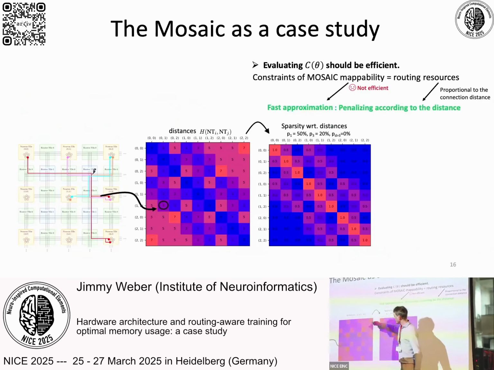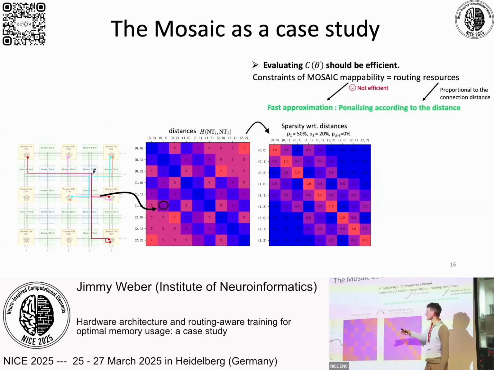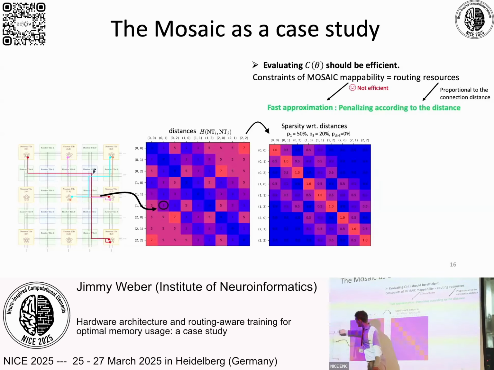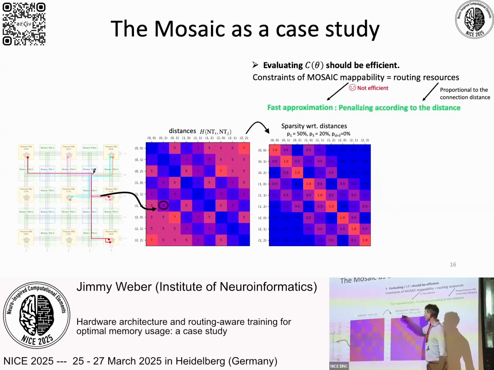For each of those distances, we assigned a specific sparsity. For example, all the cores that are only one distance away, needing only one resource to be connected, we impose a sparsity of 50%. All the cores that are 3 resources away, we impose a sparsity of 20%. All the other sparsities, we set to 0%.